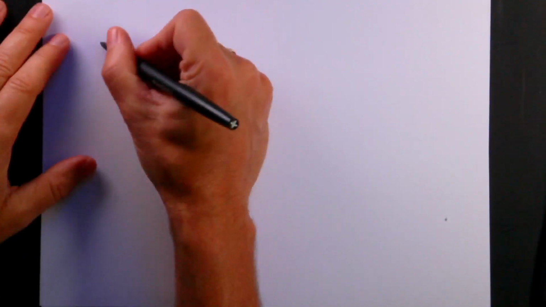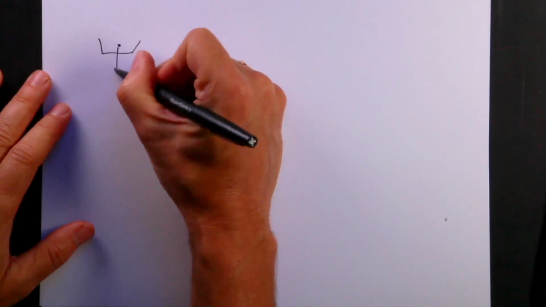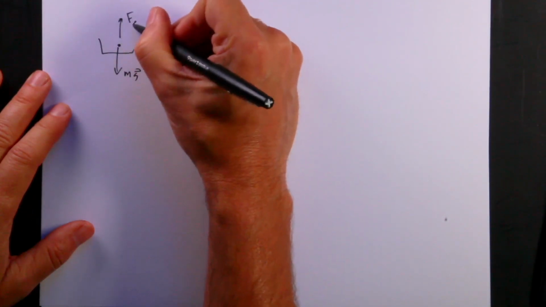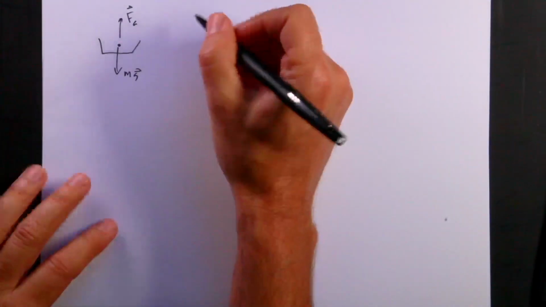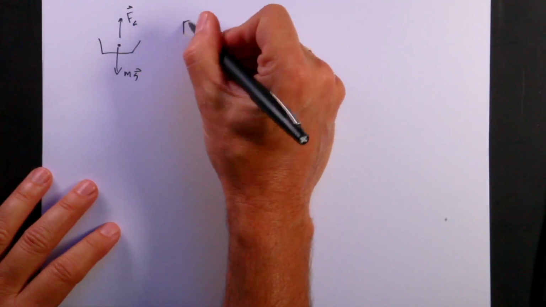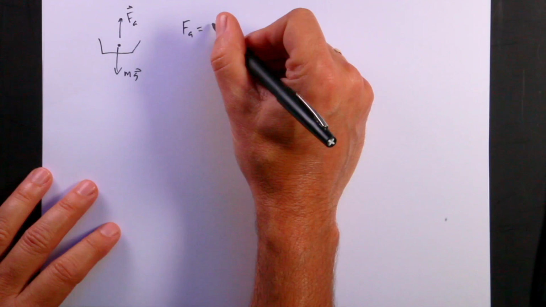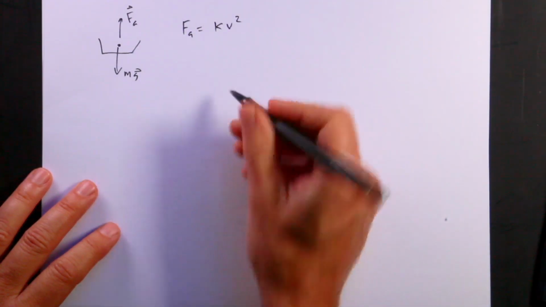So if I have this coffee filter falling, there's actually two forces acting on it. There's the downward gravitational force, mg, but then there's also an upwards air force. You can feel that air force as you move your hand through the air. It pushes in the opposite direction of motion. So let's model the magnitude of the air force as F = kv², where k I've already measured.